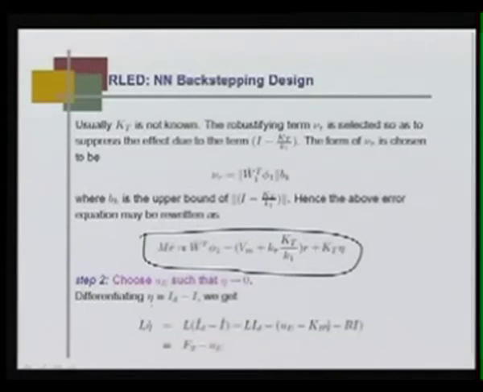For that, eta, I already know, is the desired current minus I. So, L eta dot is L I d dot minus I dot. I can represent this in terms of F2 minus u e, which is the control action. So, what should be my control action such that eta is bounded? That is my second one.